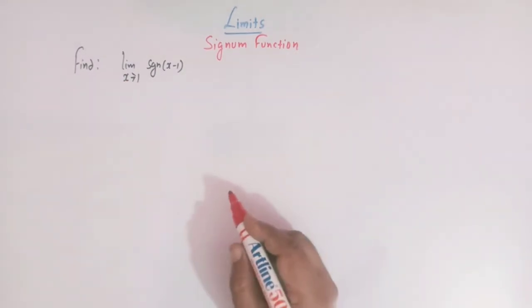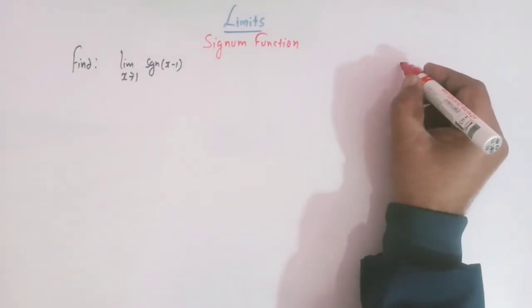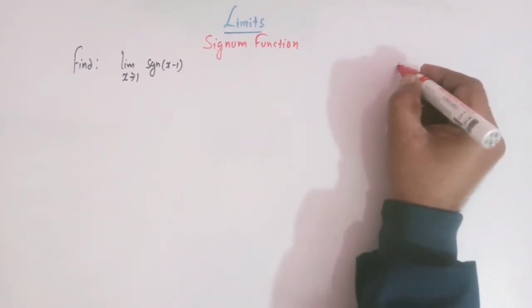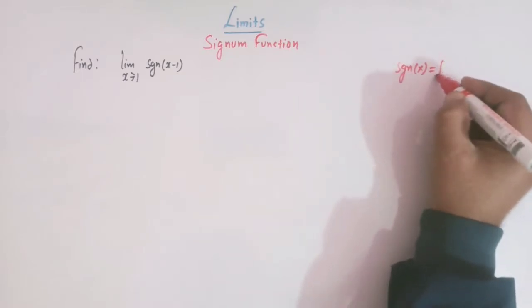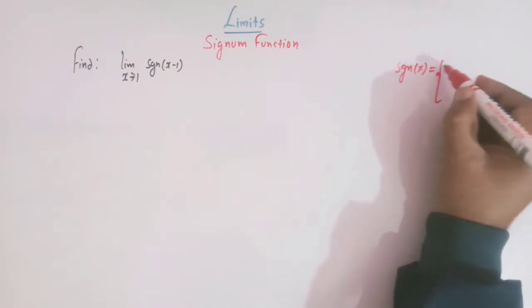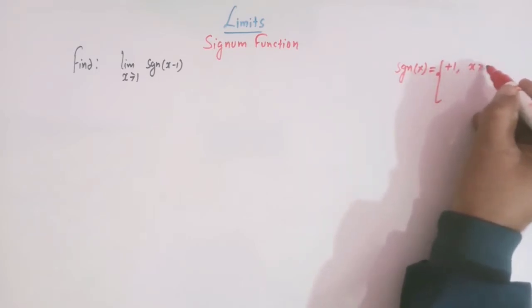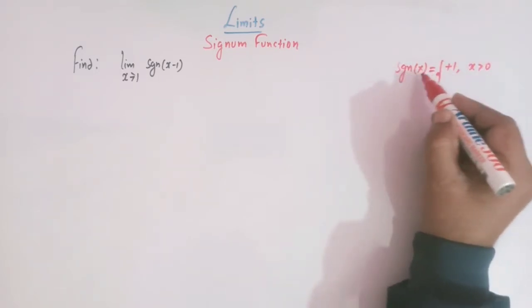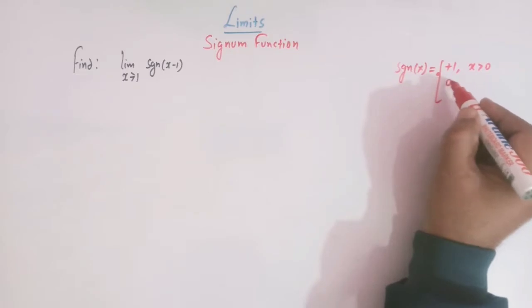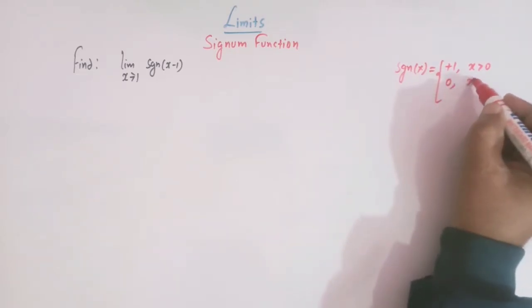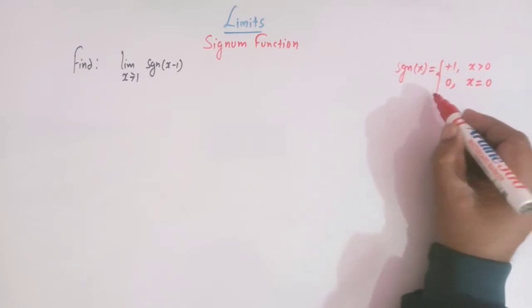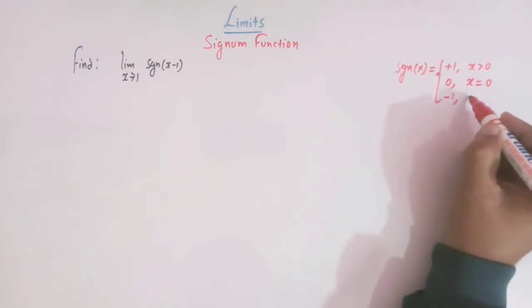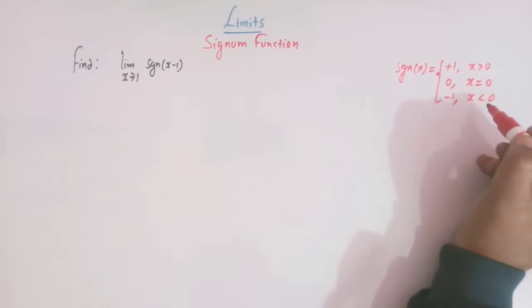So let us first see the definition of signum function, and we know that signum of x is defined like this. Signum of x would take the value plus 1 whenever x is greater than 0, and the signum of x would take the value 0 whenever x is equal to 0, and signum of x would take the value minus 1 whenever x is less than 0, right?